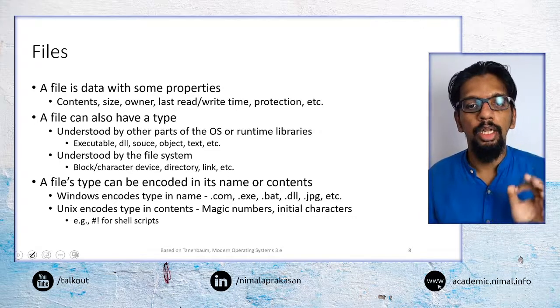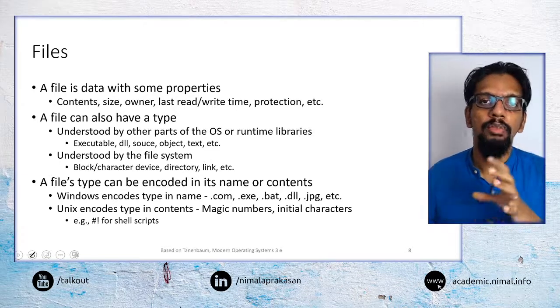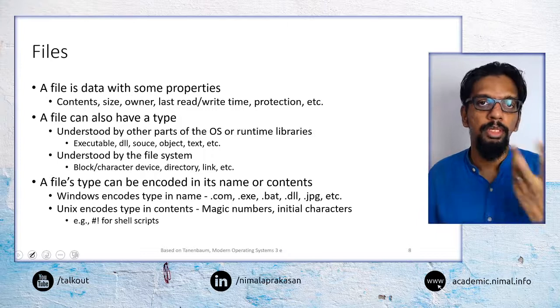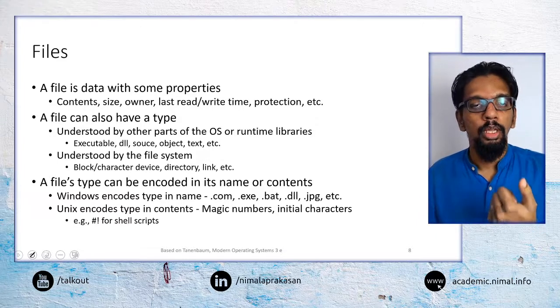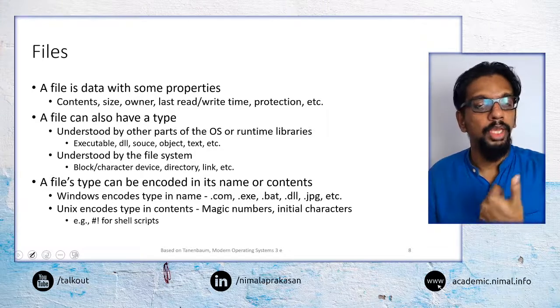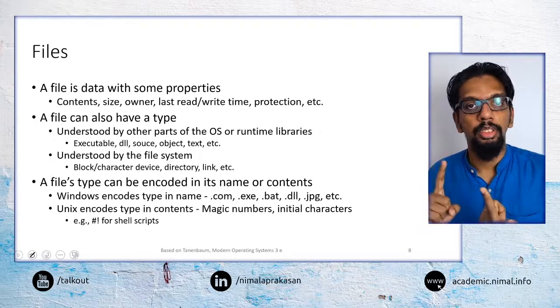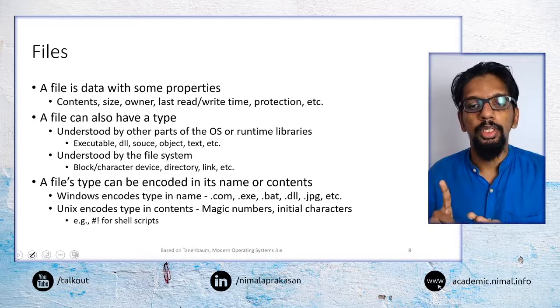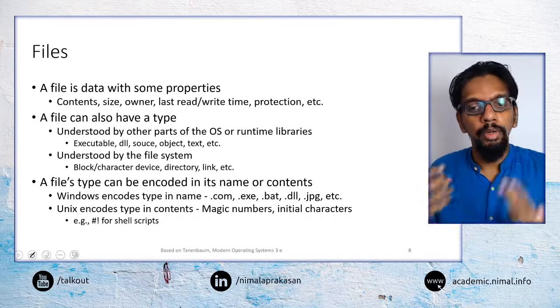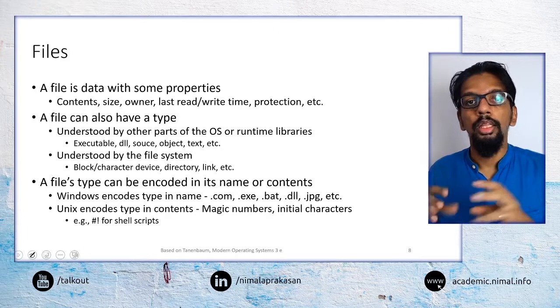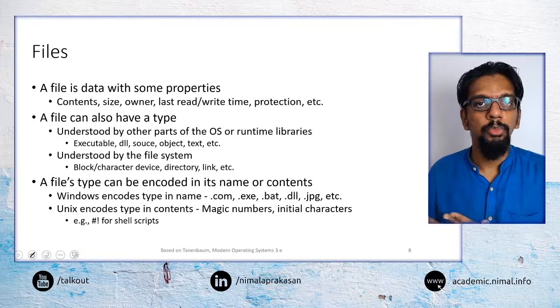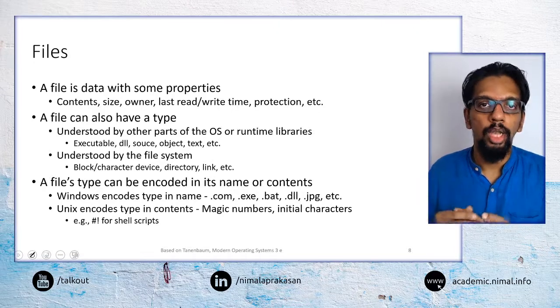And in addition to that data, they will also have some properties or some information about those units of information. So these are things like file size information, file ownership information, time related information as to when a file was created or written. Then protection information about who has access, who can read, who can write.